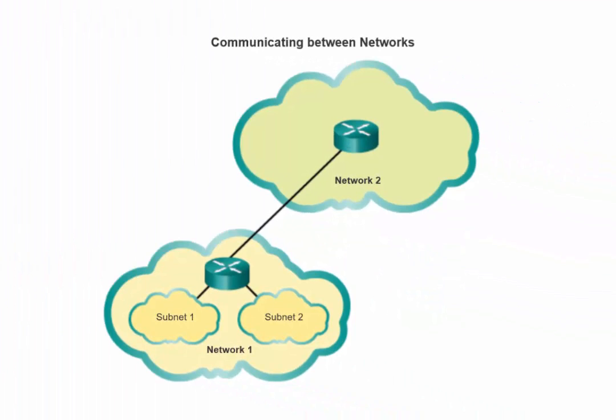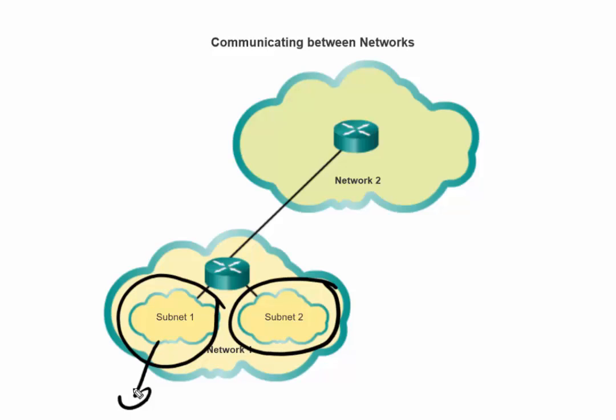To communicate between networks, you have two or more of these networks that can communicate through the default gateway on each network. So subnets talks about the fact that your network, like network 1 here, can be subdivided into two subnetworks.